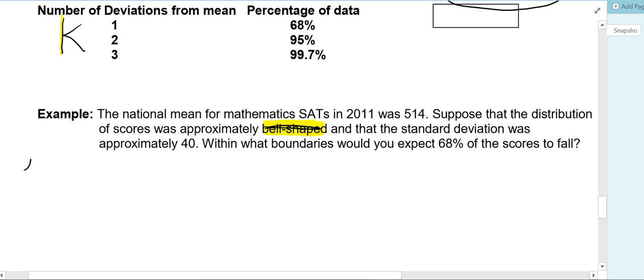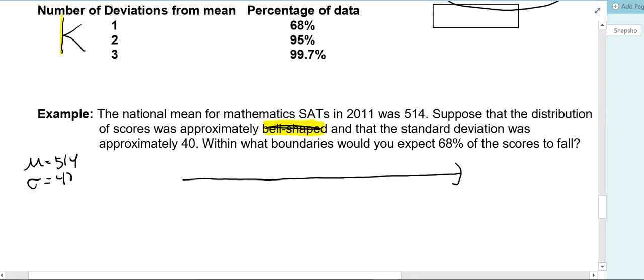So I know my mean is 514 and my standard deviation is 40. I want to know, what boundaries would you expect 68% of the scores to fall in? In other words, I want an interval that's going to contain 68% of the data.